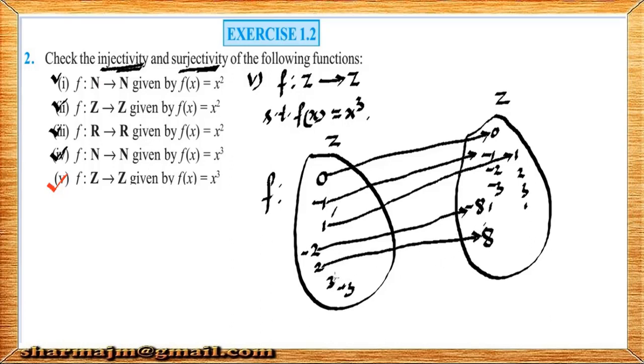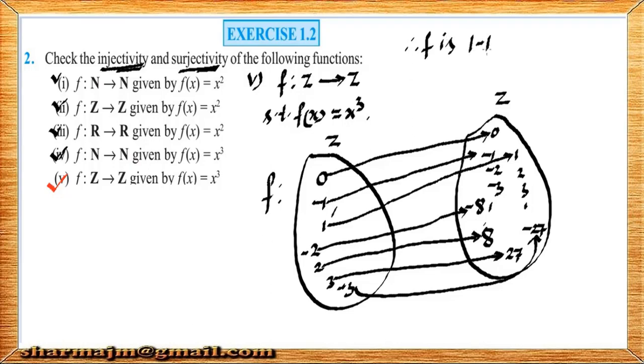Image of 3 is 27 and image of -3 is -27. So you see every element is having its unique cube in codomain. So therefore f is 1 1 function because cube of an integer is unique.